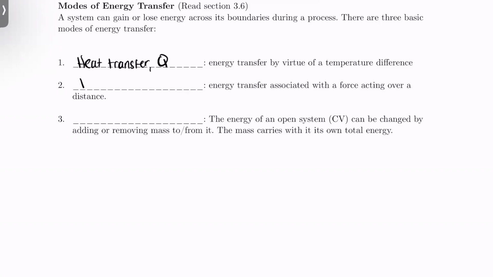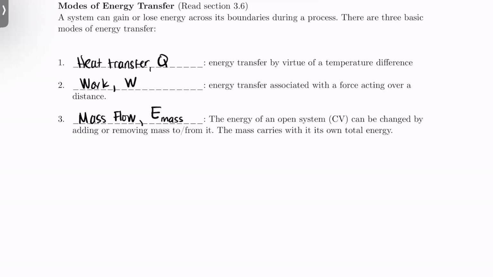We can also transfer energy through work. Symbol is W. So this is energy transfer due to a force acting over a distance. And then last is mass flow. And we're going to call this E with a subscript mass. So in the case of an open system, so if you have a control volume, if you recall, energy can flow in and out, and so can mass, right?